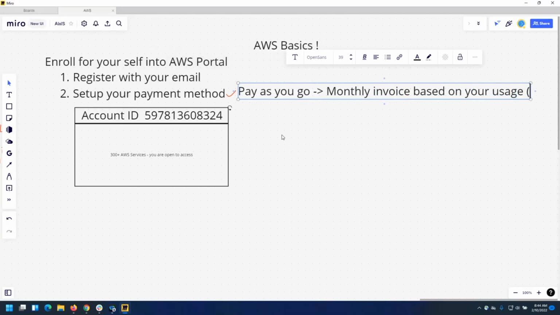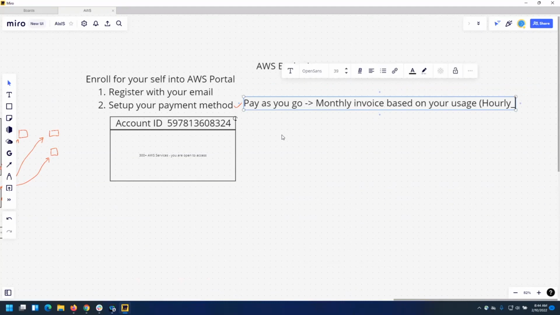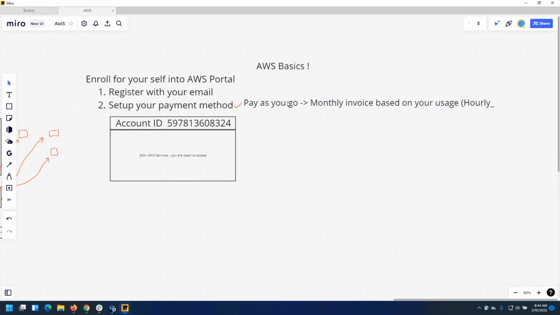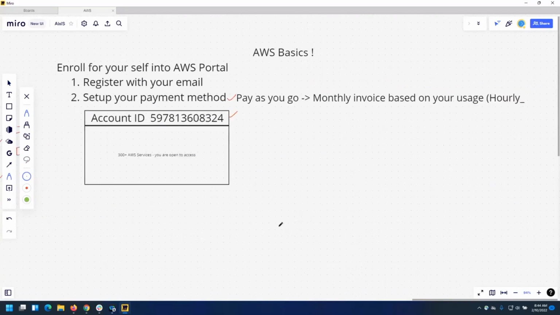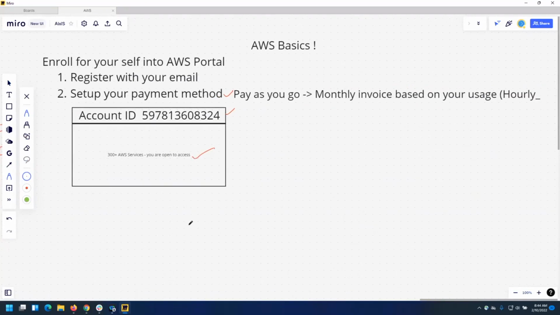The price is calculated hourly, and you have to pay it every month. That is done. Once the account is activated, you will be able to access all the 300-plus services that AWS provides to customers.